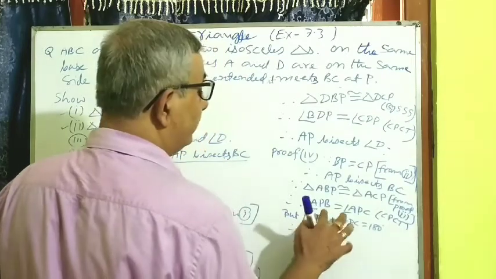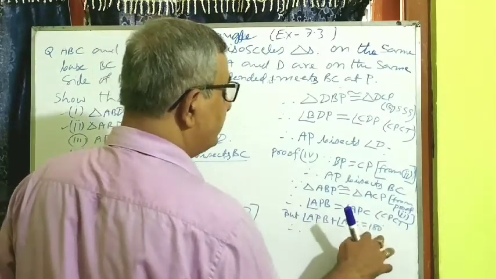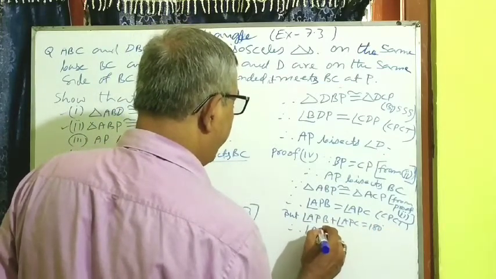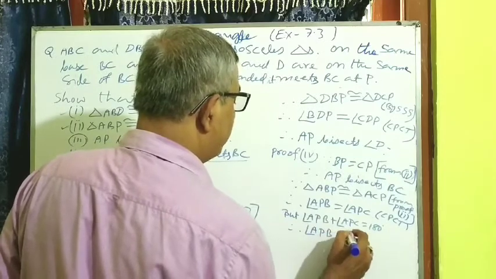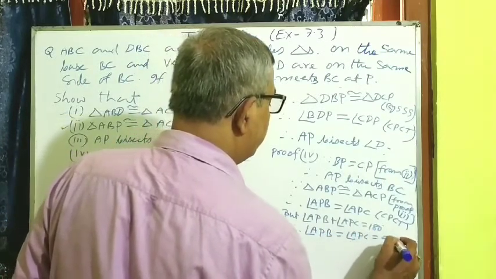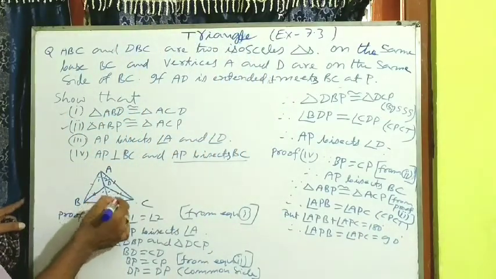Therefore you see, they are equal, but their addition is 180 degrees. Therefore individually they are 90 degrees. Therefore angle APB is equal to angle APC is equal to 90 degrees. Now this angle is equal to this angle and that is equal to 90 degrees.